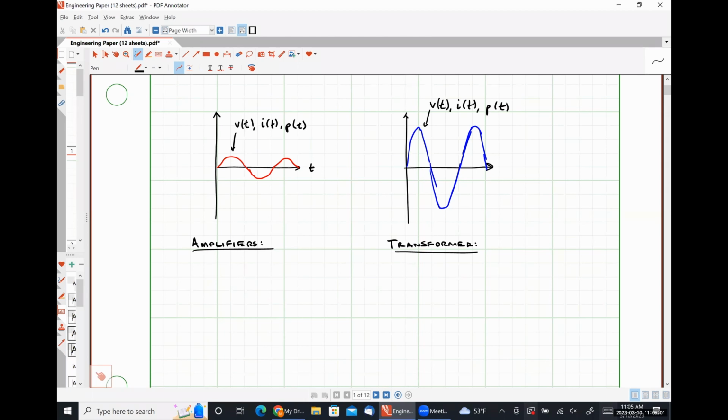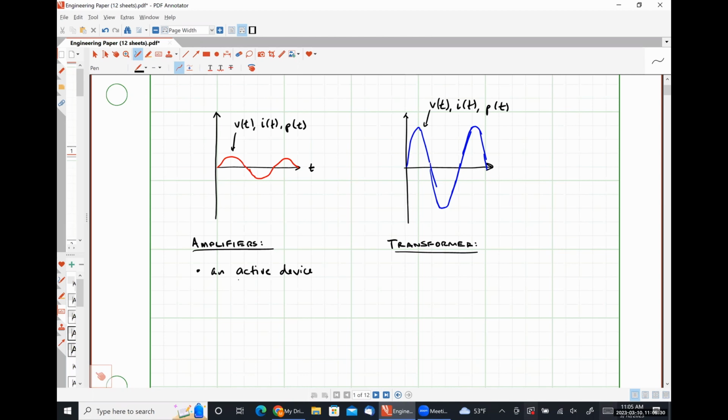Okay. So let's talk about some of the fundamental differences between amplifiers and transformers, or how we can increase the level of a signal. So probably the largest difference between an amplifier and a transformer is that an amplifier is an active device or circuit. Okay.